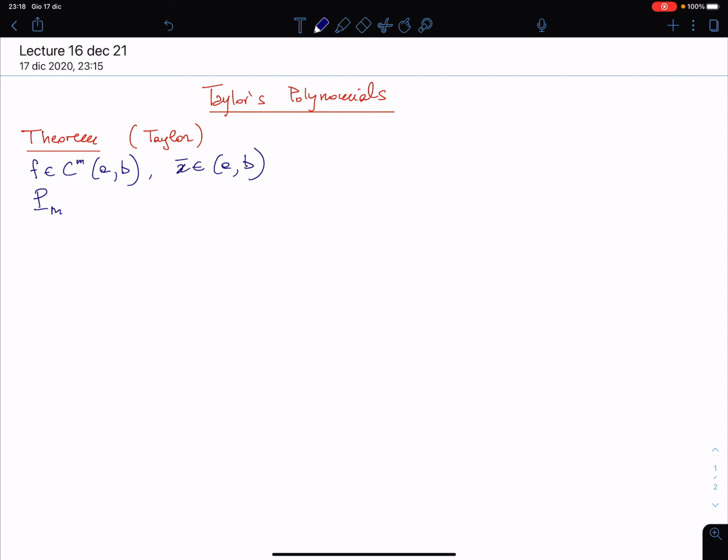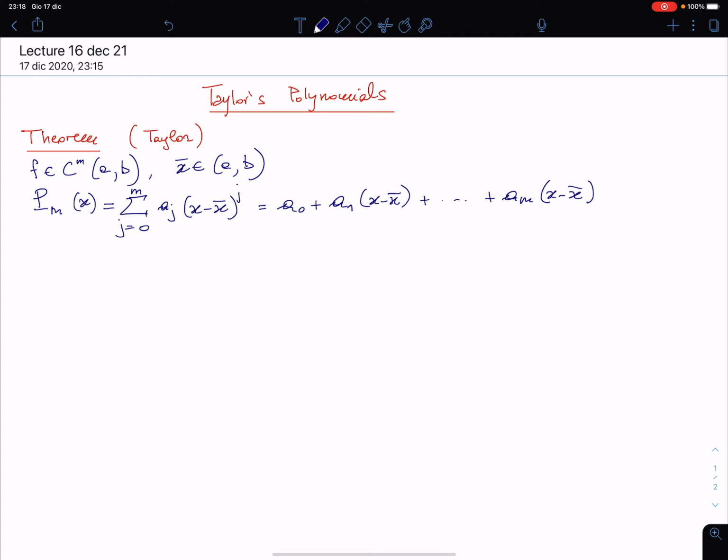Pm of x is equal to the sum for j going from 0 to m of aj (x minus x bar) to the power j. So we can expand this sum and write it in a plain way: a0 plus a1 (x minus x bar) plus, up to the last term, which is am (x minus x bar) to the power m.